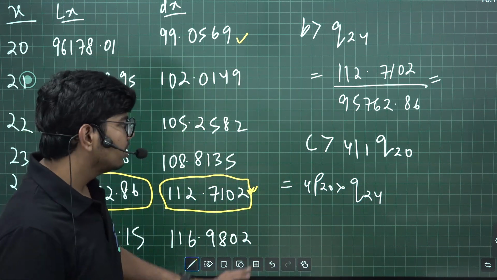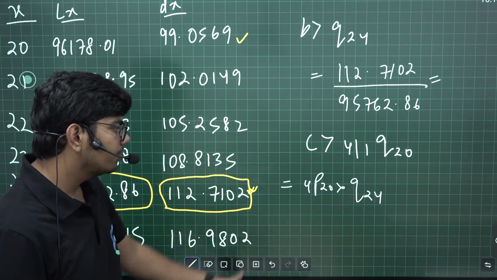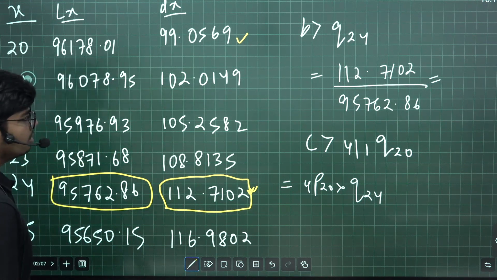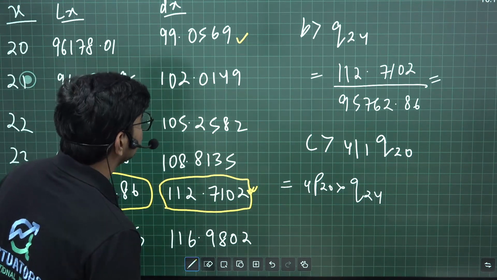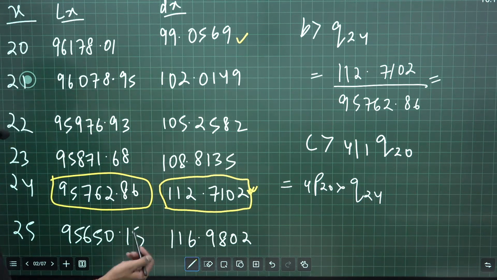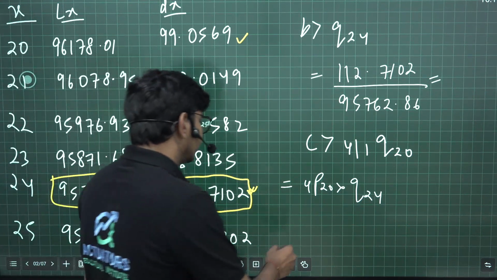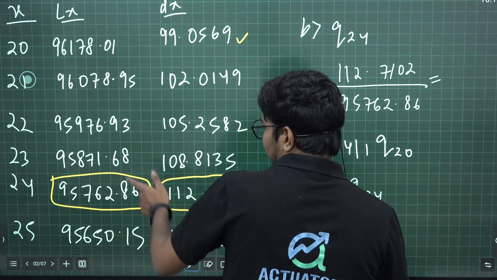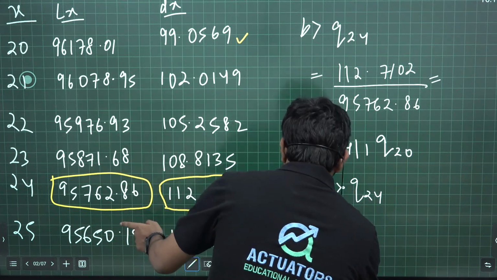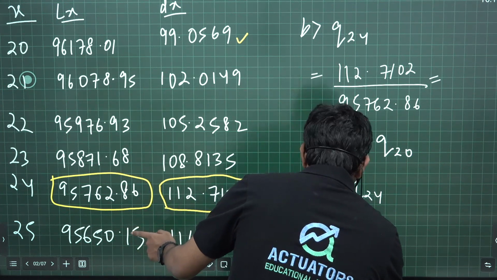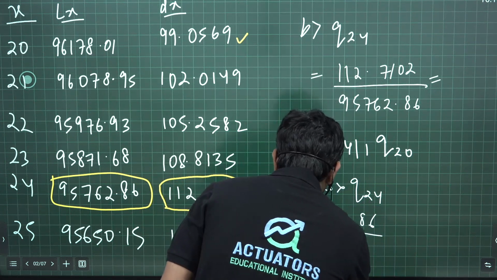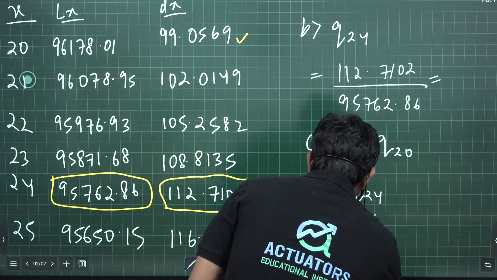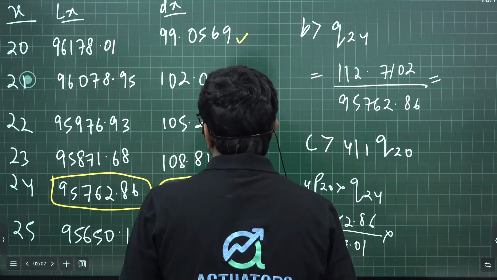We have already calculated the value of 4p20, right? So we can just straight away put that. Actually, we have not calculated 4p20, we have calculated 5p20. No issues. So 4p20 is 95762.86 divided by l20, which is 96178.01, multiplied by q24.